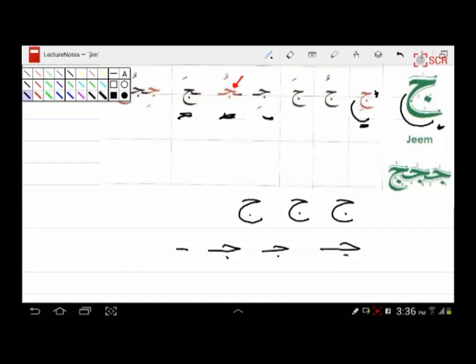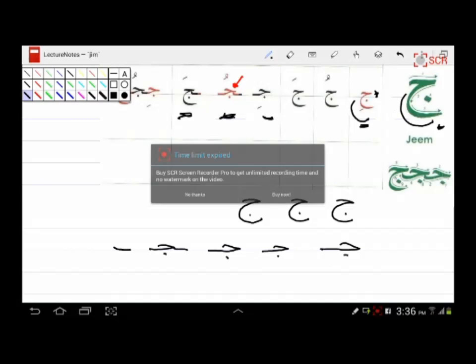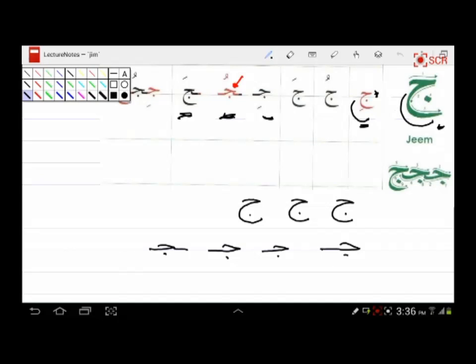We do a dash, then lift it up a little bit, and then write the jim. That's the simplest way you can write a jim in the middle form. One more time, I do my dash, and then the jim. That's a perfect one.